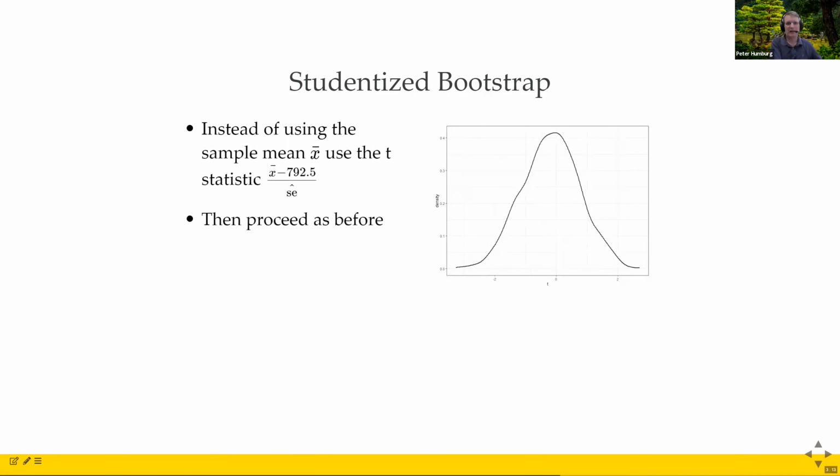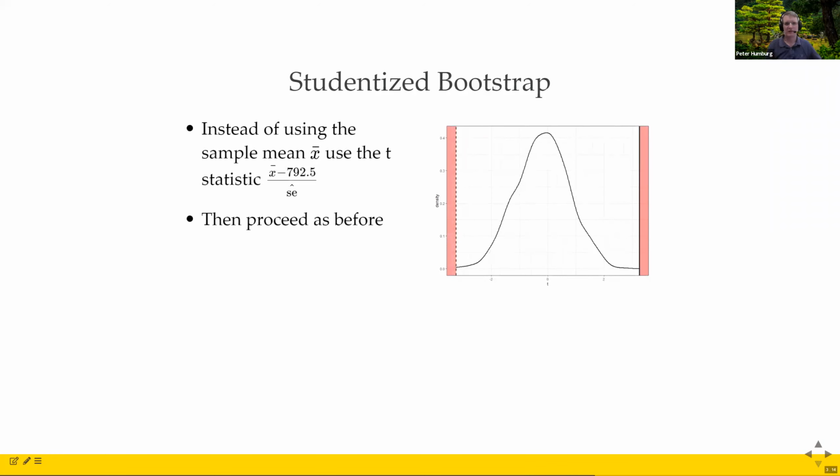And we again can do all the other calculations kind of as before and look at the extreme observations and how many of those there are, and get a p-value, which in this case turns out to be exactly the same, but that is by no means guaranteed. And that's great. It might not be immediately obvious why this is better.